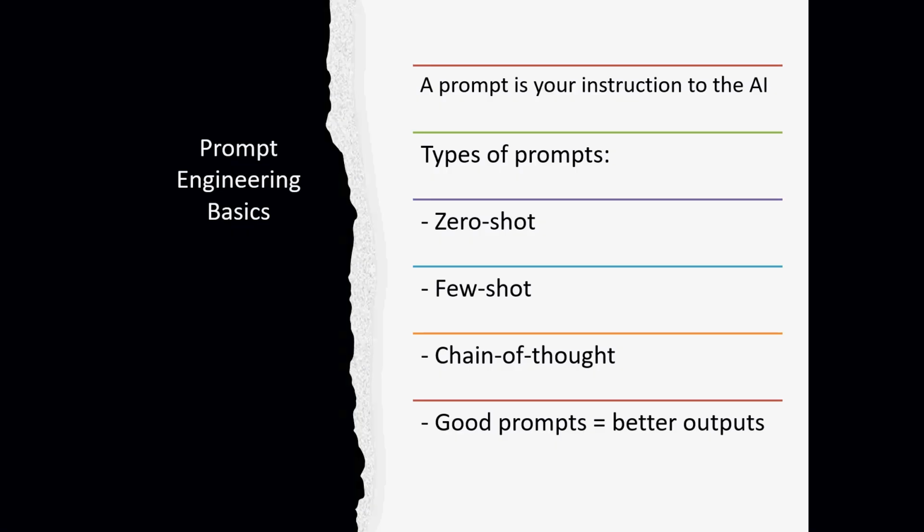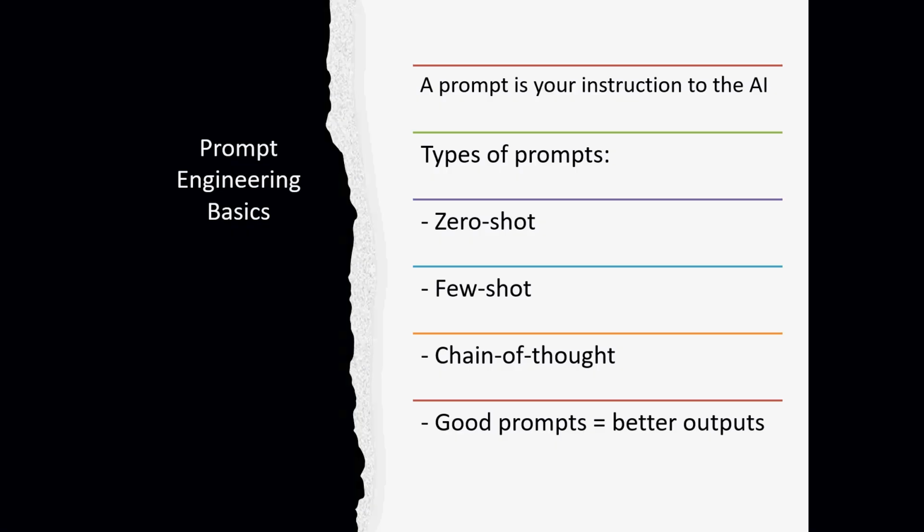So your instructions to the AI should be clear and structured, and you can iterate and refine them once you learn from the output, right? Based on what output you get, you can keep refining that. So that is the art of prompt engineering. There are different types of prompts, okay? In prompt engineering, one is called zero shot.